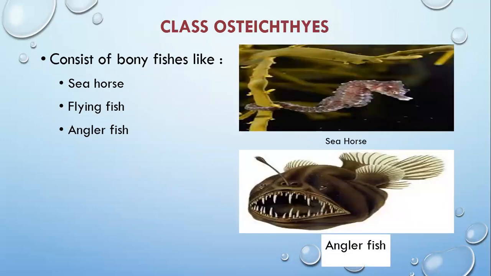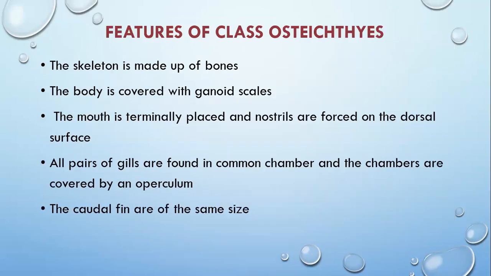Now moving on, this one is the class OSTEICHTHYES. This is also a class of fish. It consists of the bony fishes like the seahorse, flying fish, and anglerfish. Their features are, first, that the skeleton is made up of bones.